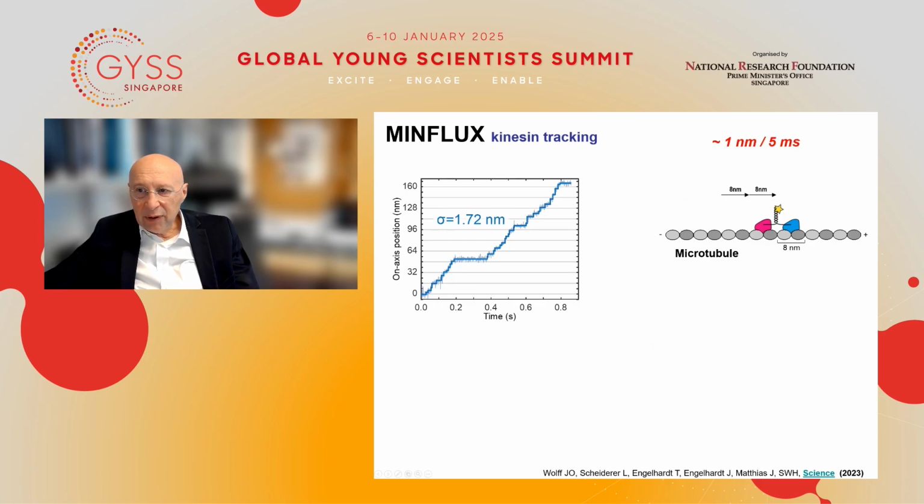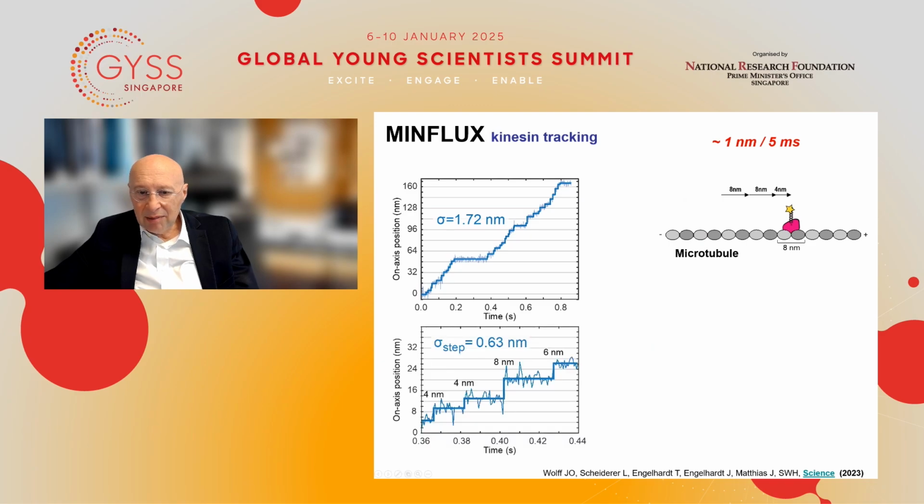And we could see for the first time, because we had this high precision, substeps like these, you know, instead of 8 nanometers, 4 nanometer substeps. And we could measure them with the fluorophore, which was not possible before, simply because the precision was not there and the speed was not there. Also, we could use full physiological concentrations of ATP to let the motor run at its native speed.